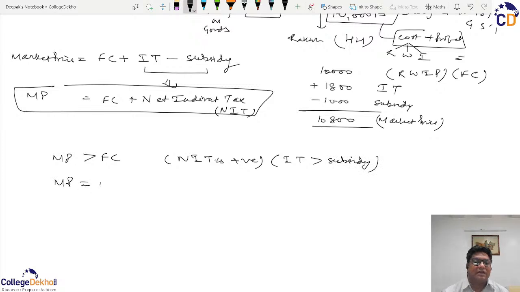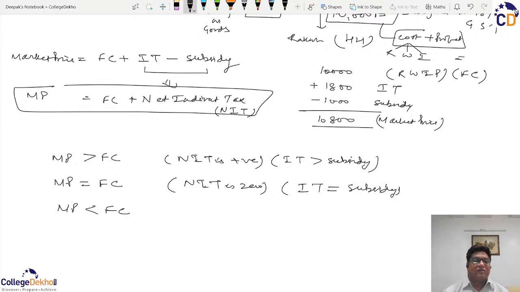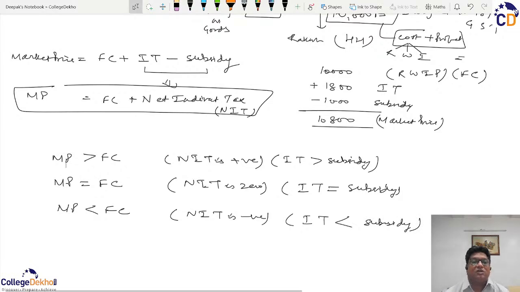Similarly, market price can be equal to factor cost if NIT is 0, that is, either indirect tax and subsidy are 0 or they both are equal, and the market price can be less than factor cost if NIT is negative. It means indirect taxes are less than subsidy, which can happen if either the subsidy is more, obviously, or there is only subsidy on certain goods and no indirect taxes are to be charged.